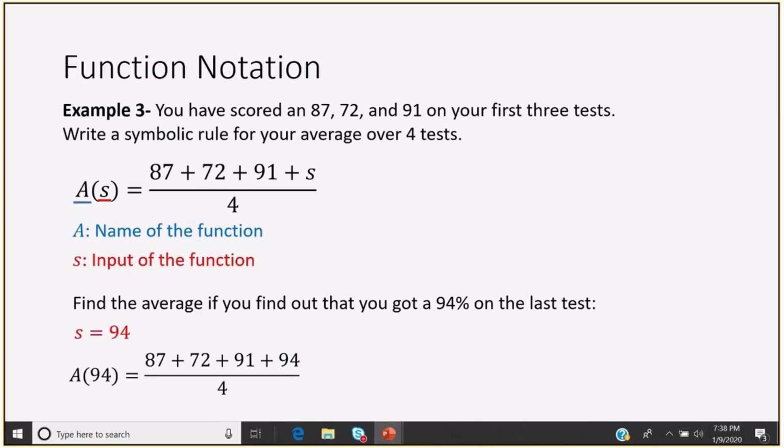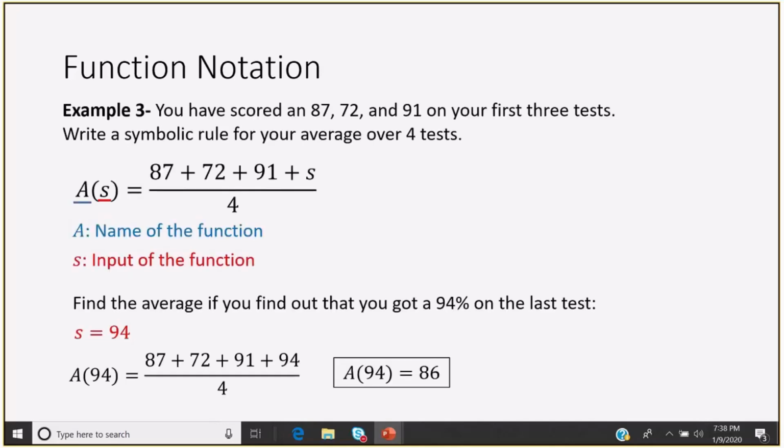My final test was my 94%. And so really on that left side we're not doing any math. All we're saying is we use the function A and we plugged in 94 for my input. But notice how on the right side of the equation, the S is gone and now has been replaced by 94. And so then we just do some basic order of operations, and we see that A of 94 is equal to 86.